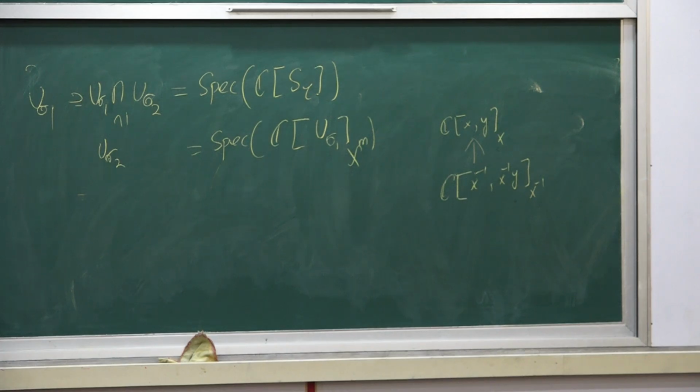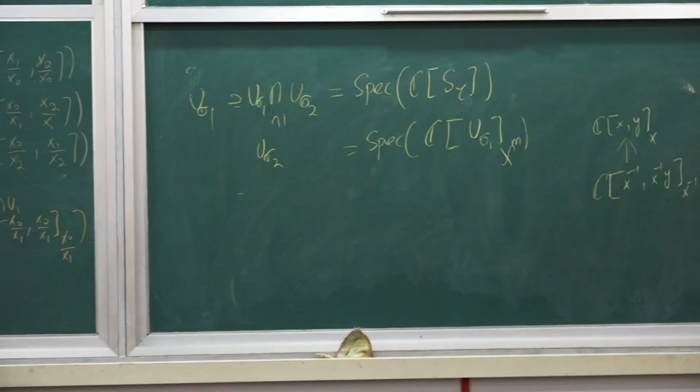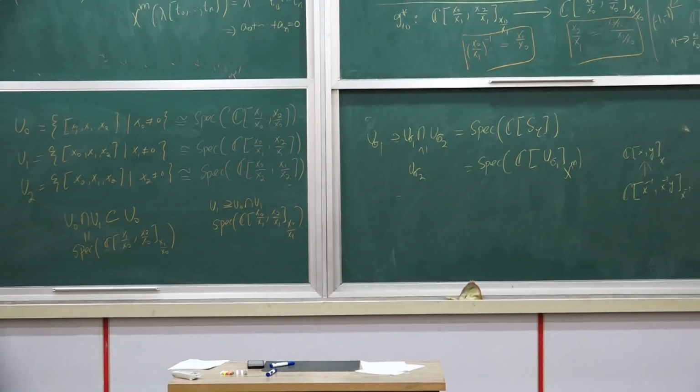That nice data is called the fan associated to the abstract variety. So you need to make it nicer. As Azeem said, the intersection of two cones need not be a common face, right? So we have to refine everything so that we always get that.